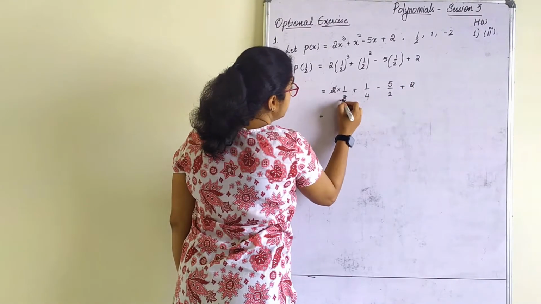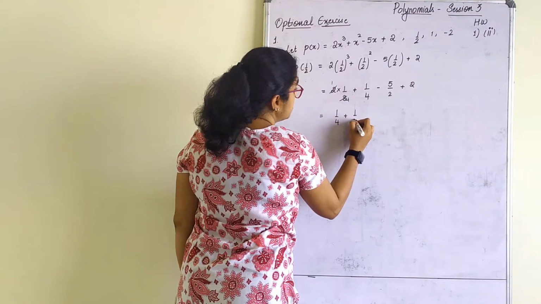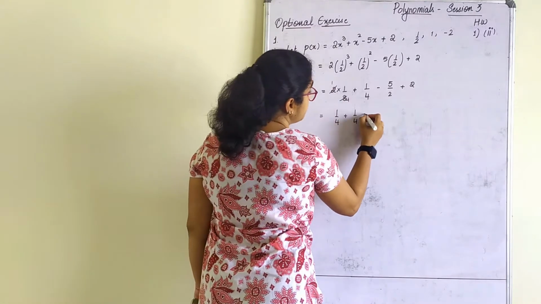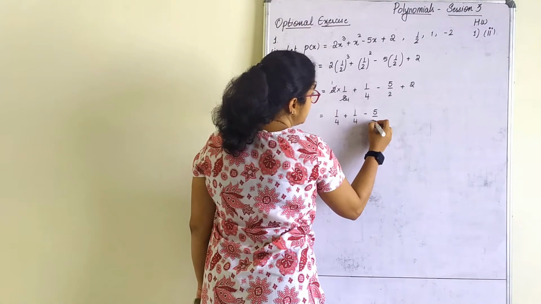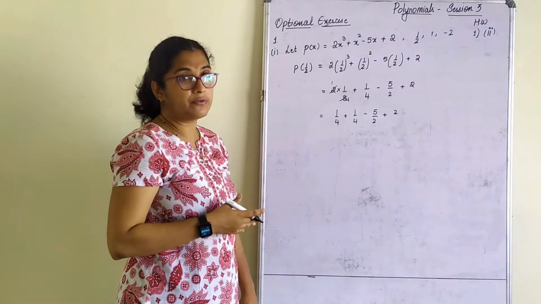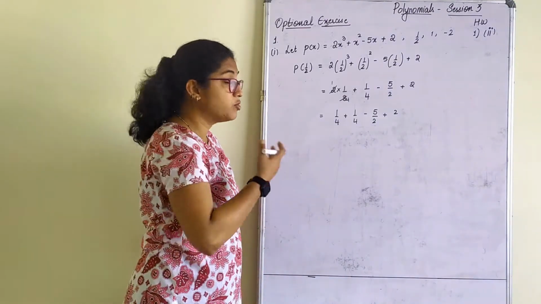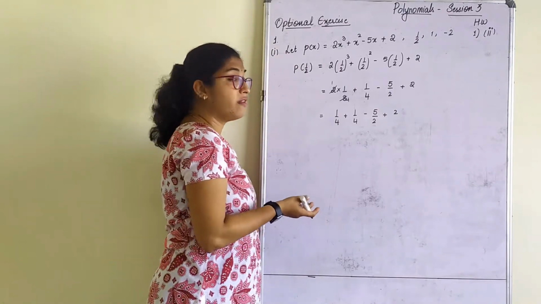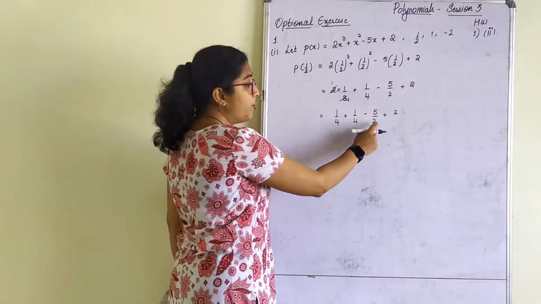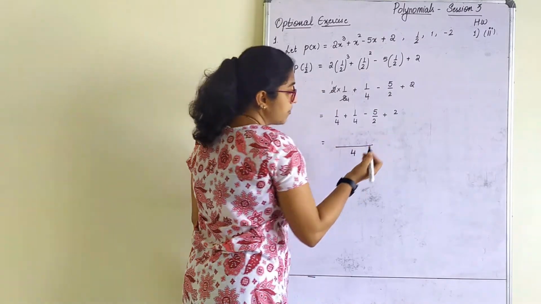Now 2 ones are 2, fours are 1/4, plus 1/4, minus 5 by 2 plus 2. Now we know 1/4 plus 1/4 is 1. If I write 1, again I have to take LCM. So directly we'll take LCM and solve. 4 and 2 is there, so what's the LCM? 4.